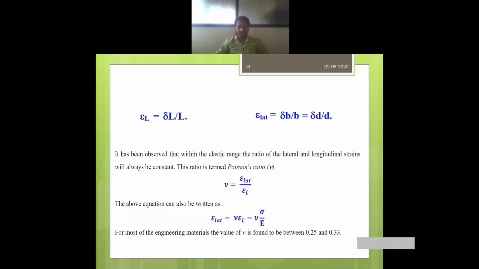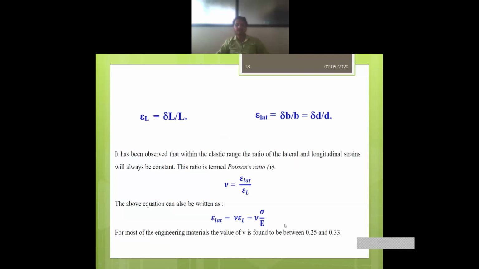We can further substitute this. If the lateral strain is not known in a problem, we can calculate it. So further, v into longitudinal strain, where sigma by E is equal to sigma by epsilon, that is, stress by strain, which is Young's modulus.